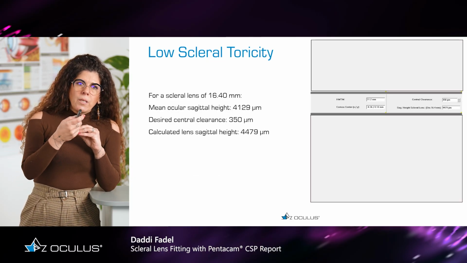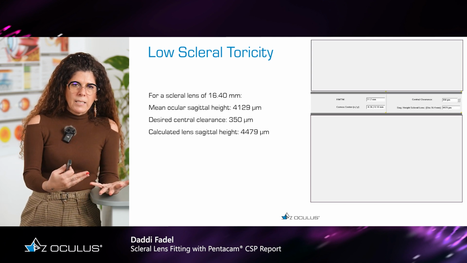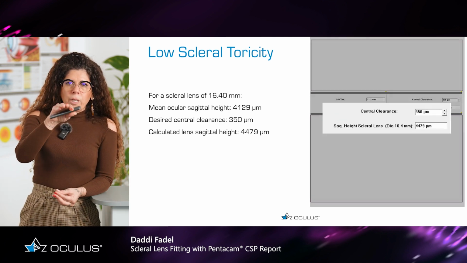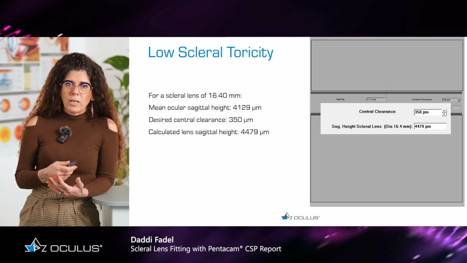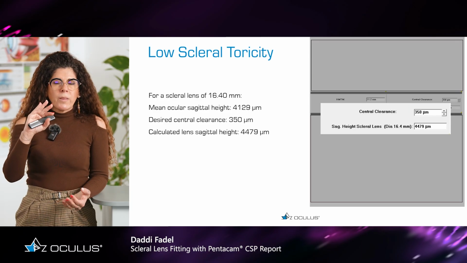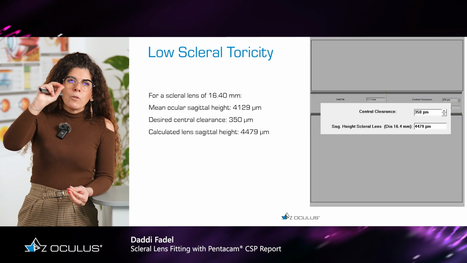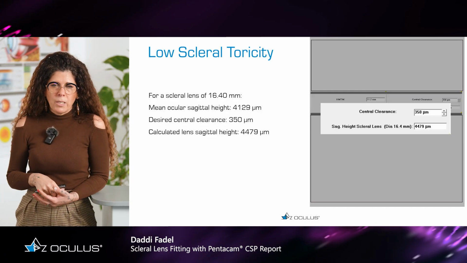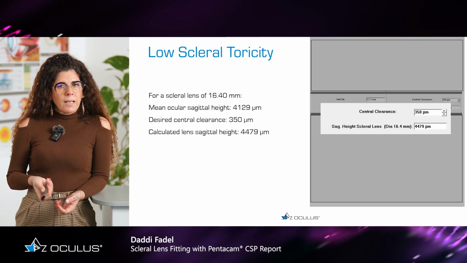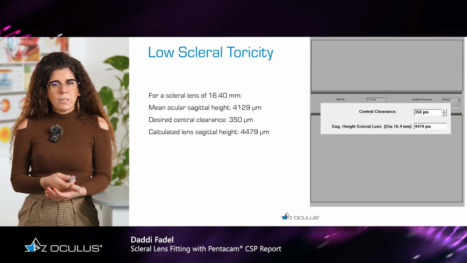How to use this information to apply it in the scleral lens fitting? If you need to put the initial central clearance, and in this case we put the central clearance at 350 microns, what the software will be doing is adding 350 microns to the mean ocular sagittal height, which was 4,129, and it makes the calculation for us, which is 4,479.